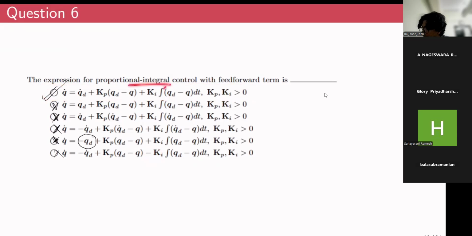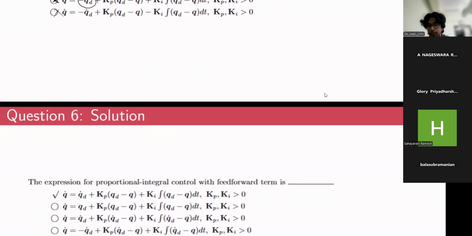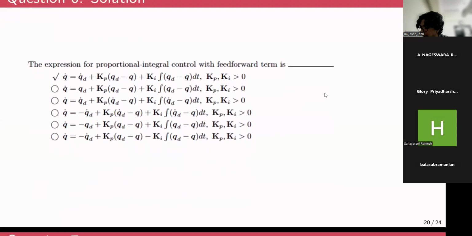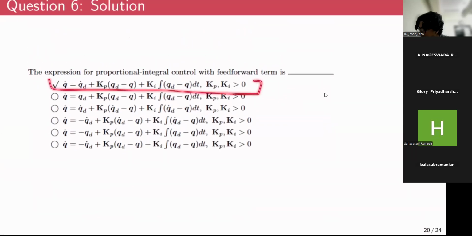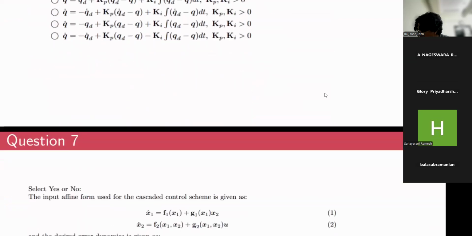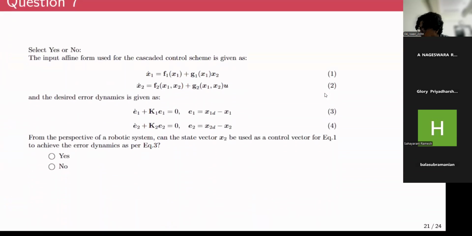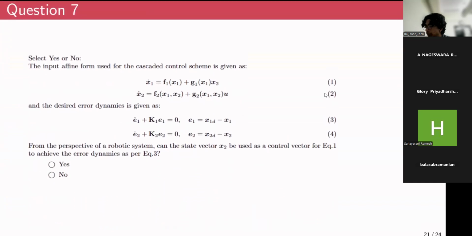Proportional integral control with feed-forward term. Earlier, we have seen proportional integral control with the gravity compensation term. Both are similar in some ways, but basically different. So option A is the correct answer. We move on to question 7.